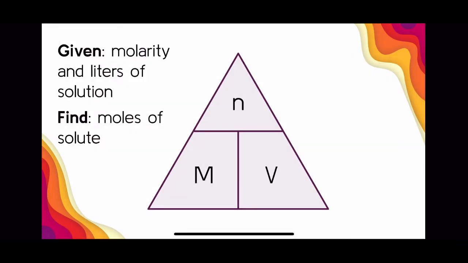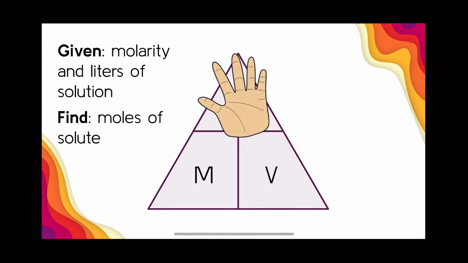The last option: let's say that we are given molarity, which is M, and liters of solution, which is V, and we are asked to find moles of solute, which is N. We would again use our hand to cover up what we are trying to find, so we are going to use our hand to cover the N. We are left with M and V, which are the two values that we are given, and these are now separated by that vertical line, and remember that vertical line represents multiplication.